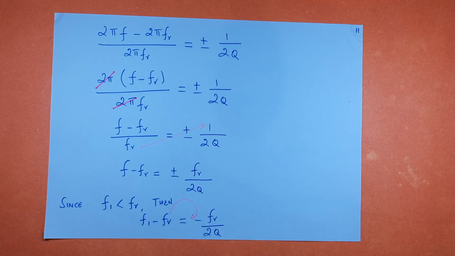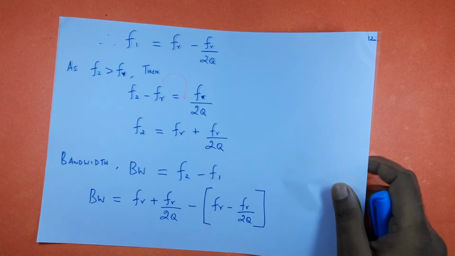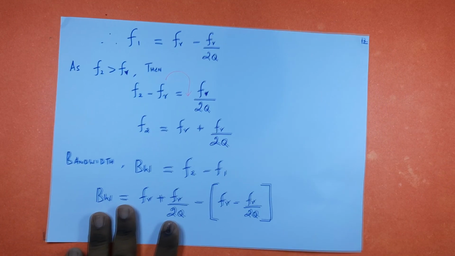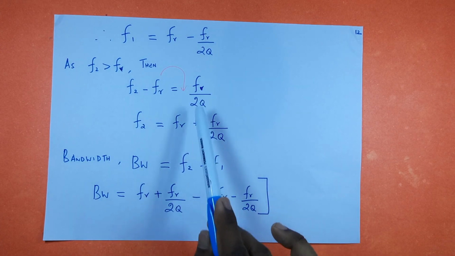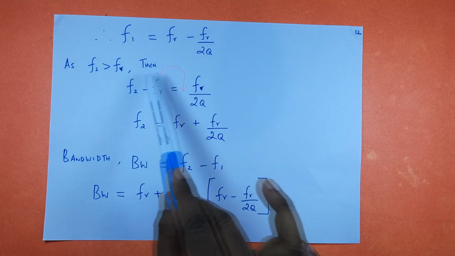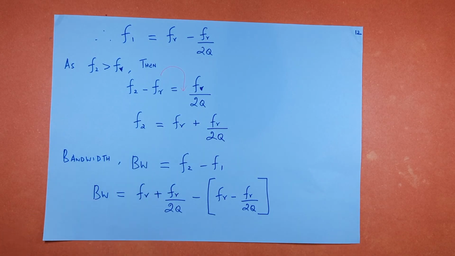Now take this fr to the other side. f1 equal to fr minus fr by 2Q. Likewise, f2 is greater than fr. So f2 minus fr equal to plus fr by 2Q. Again take this fr to the right hand side. So f2 equal to fr plus fr divided by 2Q.